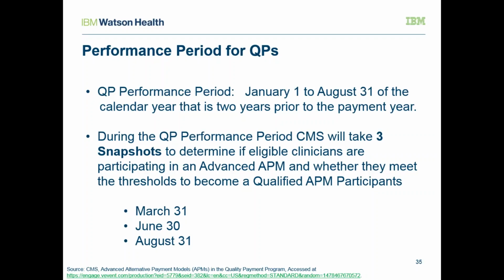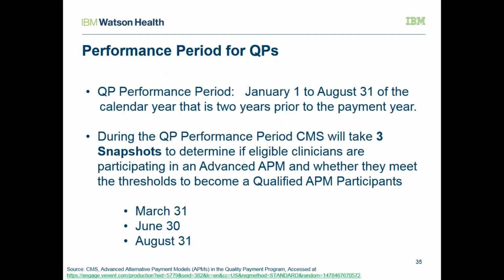All their programs run on a 2-year look-back, as you know if you've been doing these programs for a long time. They have this performance period, and then a year in between, where they're busy calculating what your incentive payment will be based on your performance. They're going to add up all your payments and look at your total number of dollars.